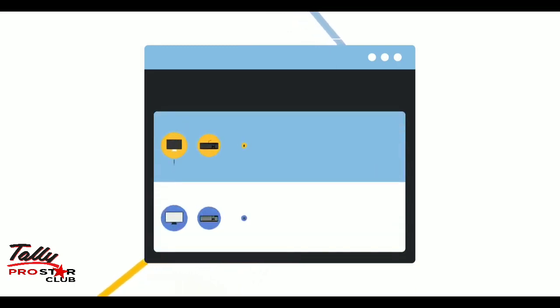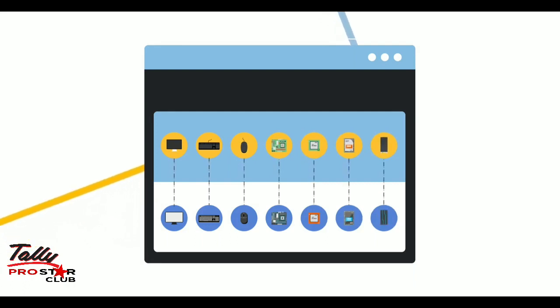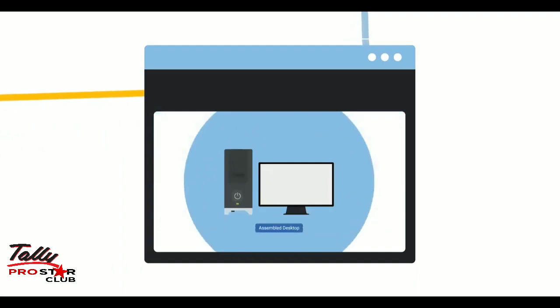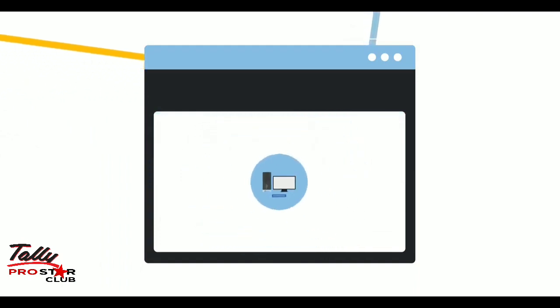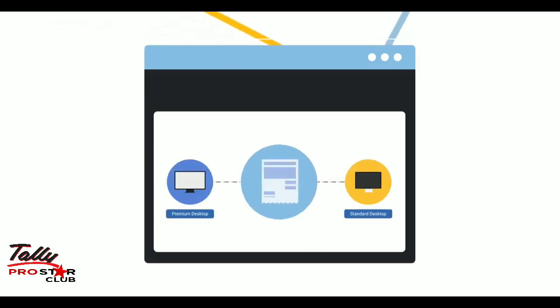As you see, both the variants of Assembled Desktop come with different components or configurations. Here, Assembled Desktop is the finished product. The variants, Standard Desktop and Premium Desktop, are the Bill of Materials, or BoM. Now let us learn how to create a bill of materials for finished products.